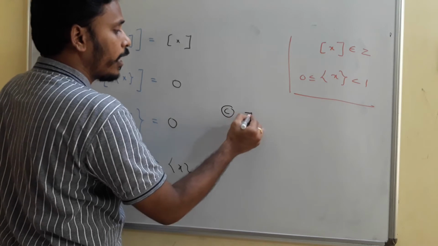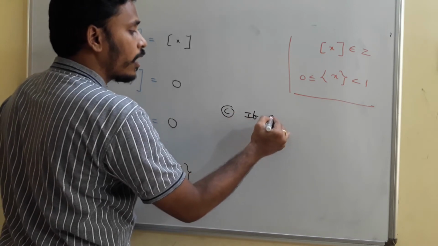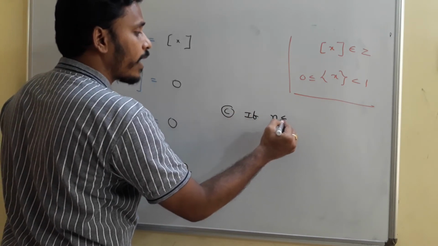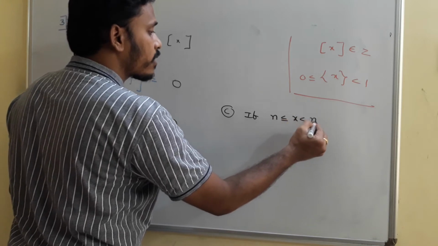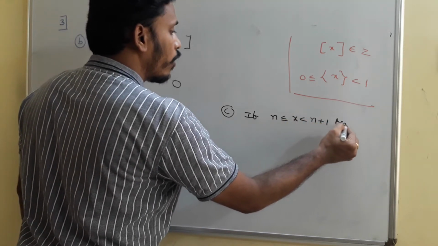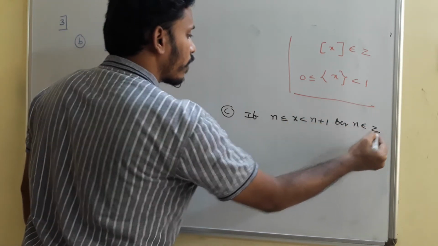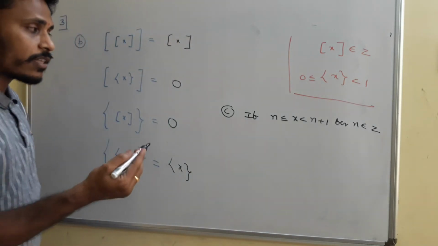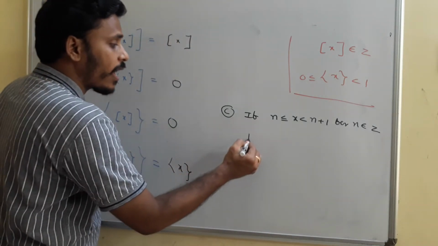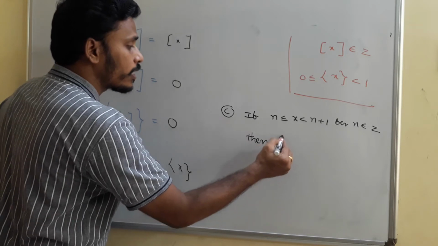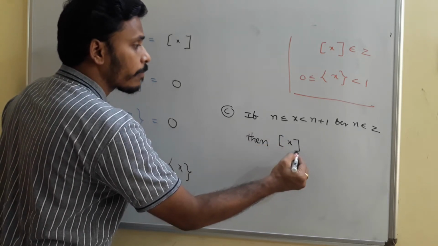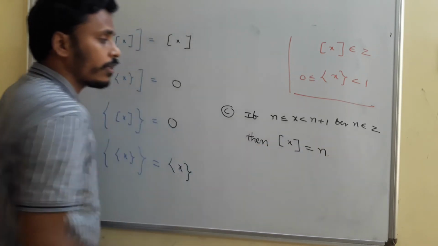For example, if n is less than or equal to x, which is less than n plus 1, for n belonging to the integers, that is, n is an integer such that x is a number between n and n plus 1, for sure it is clear that floor x is equal to n. Is it clear?